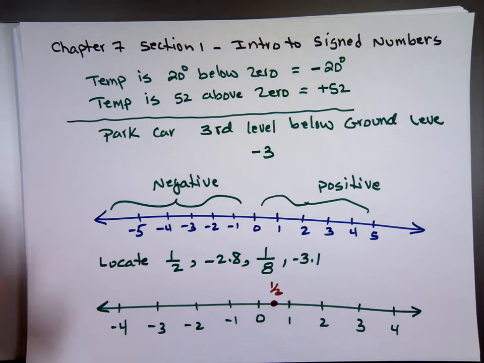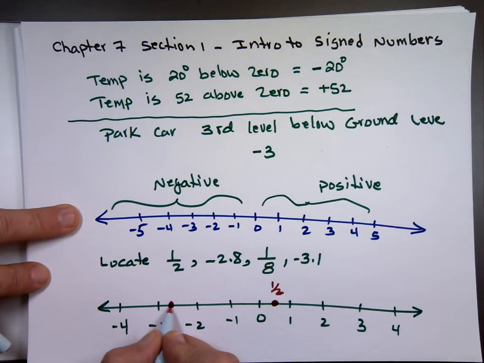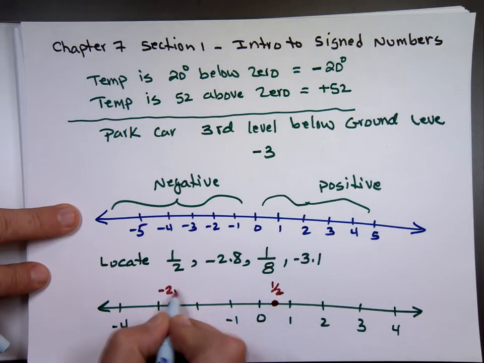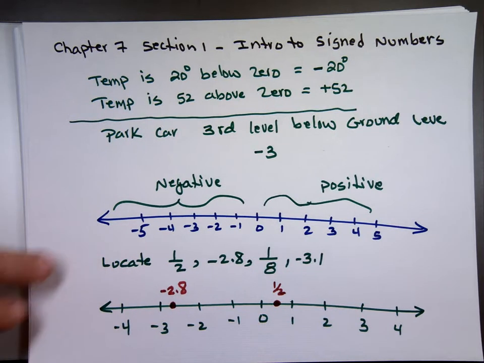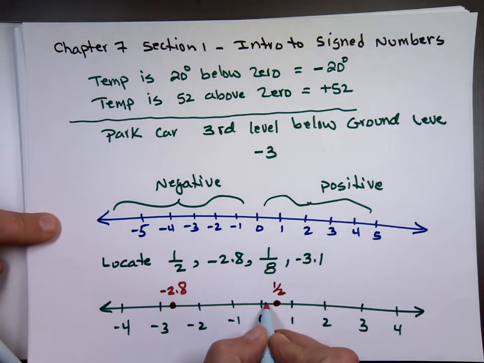Where's the negative 2.8? Closer to negative 3, right? Negative 2.8 here. Let me make that, because I don't have room to write it there. I could squeeze it there. Okay, where does the 1/8 go? Somewhere here.